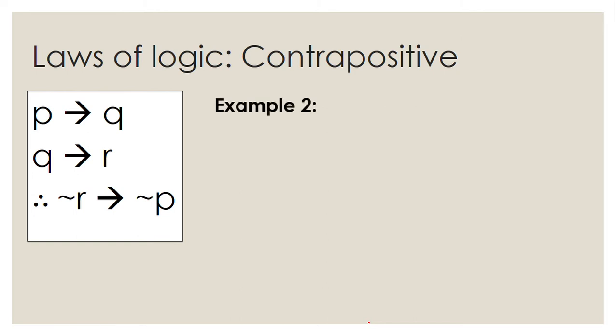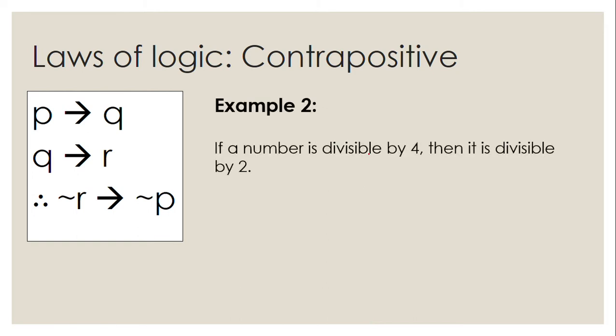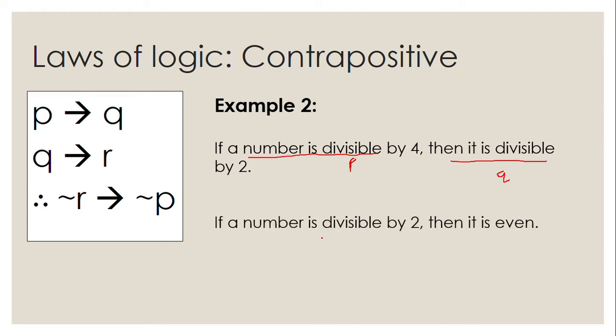One more example of the contrapositive, this time with math. If a number is divisible by 4, then it is divisible by 2. So we'll make this first part P, like always, and the second part Q. So P goes to Q. And it says if a number is divisible by 2, so that's Q again, then it is even.